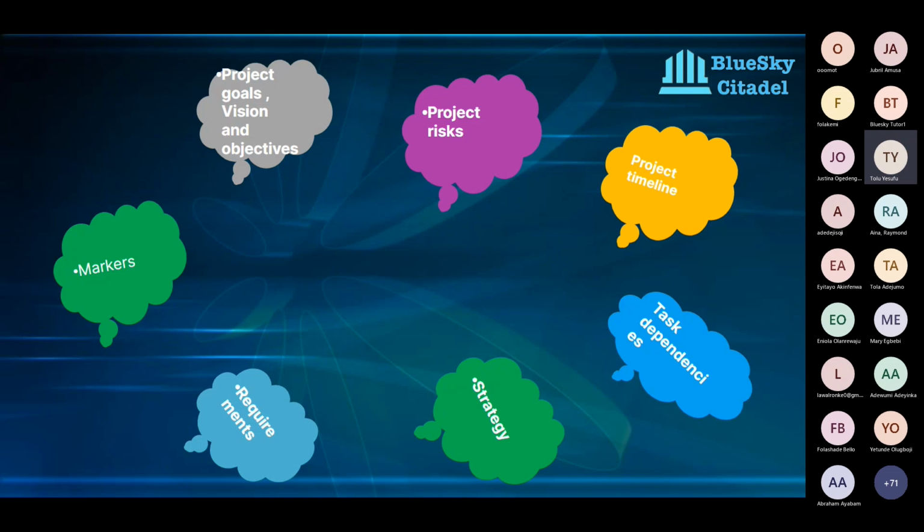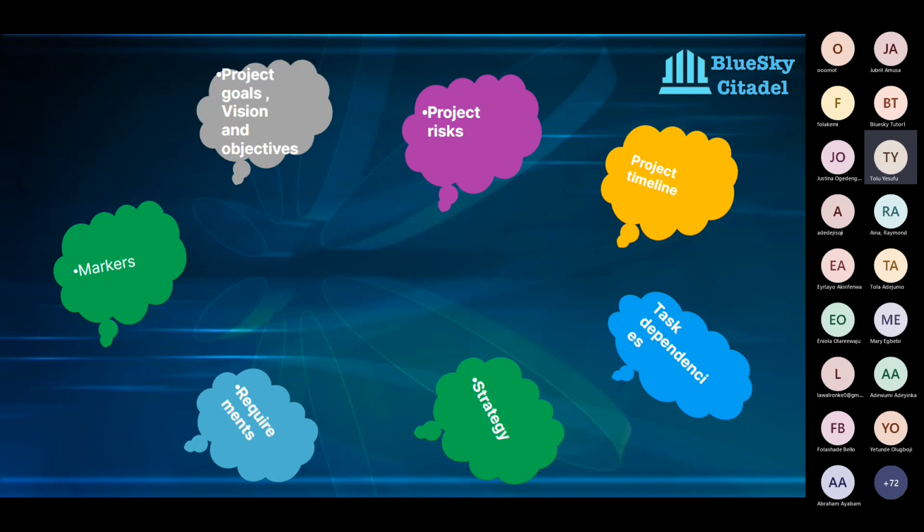Again, task dependencies. So you want to be able to identify dependencies based on the tasks that you've mapped out on your roadmap, on your timeline. So if you have any dependencies that you've highlighted on your roadmap, to say you have a dependency with maybe an external body, or you have a dependency with another team, you want to identify the different tasks that need to be carried out on those dependencies.